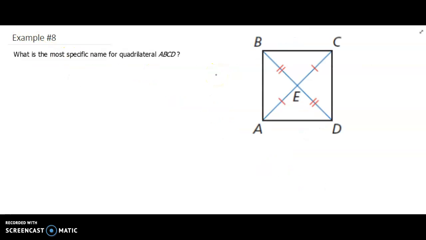All right, so example 8 says, what is the most specific name for quadrilateral ABCD? So I want you to look at this, come up with the most specific name, and then we'll go over it. Look to see what is given. What can you conclude about this diagram? So the only thing you could really conclude about this diagram is that the diagonals bisect each other.